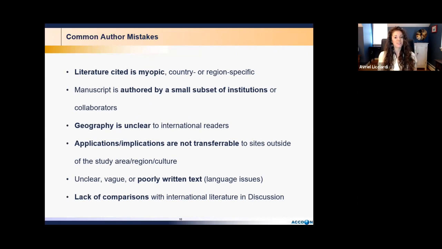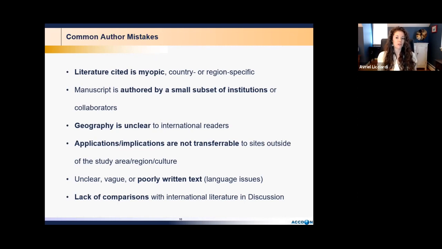First, the literature cited might be myopic, so very narrow in perspective. It may only be from one country or one region specifically. So if you're trying to publish internationally and all your references are from one country only, that's not going to show that your research is very international in scope.